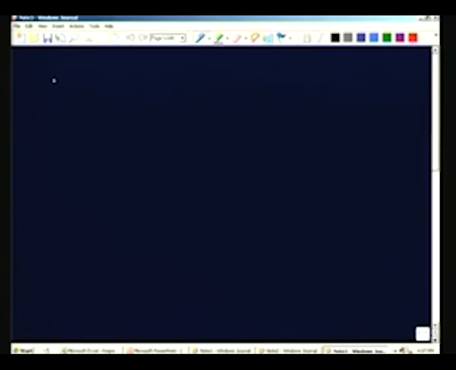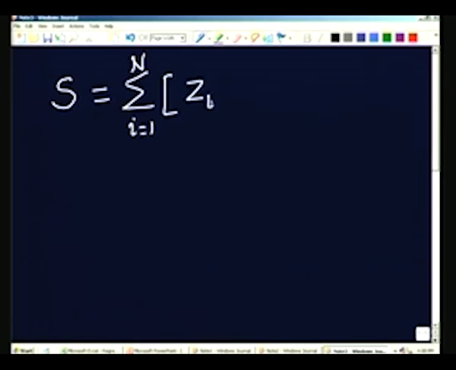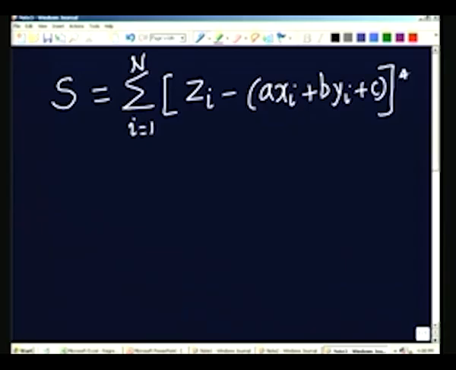So, least squares principle means I am going to minimize some quantity S, sigma over i equal to 1 to n, which are the number of data I have, (Zi minus (Axi plus Byi plus C)) whole square. So, I have to minimize the quantity which is shown here.